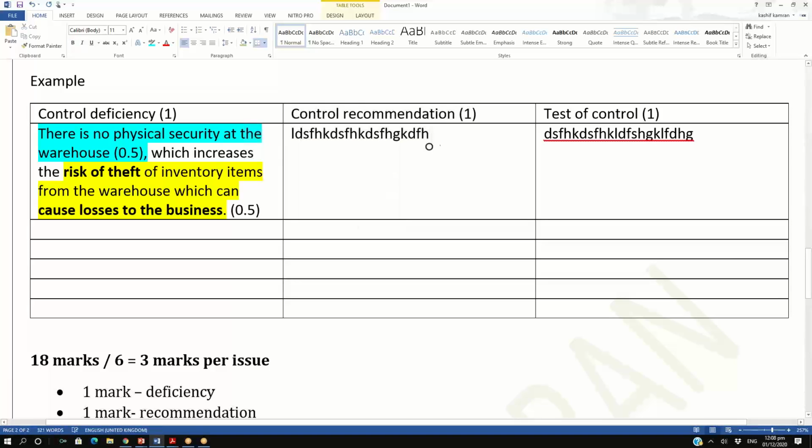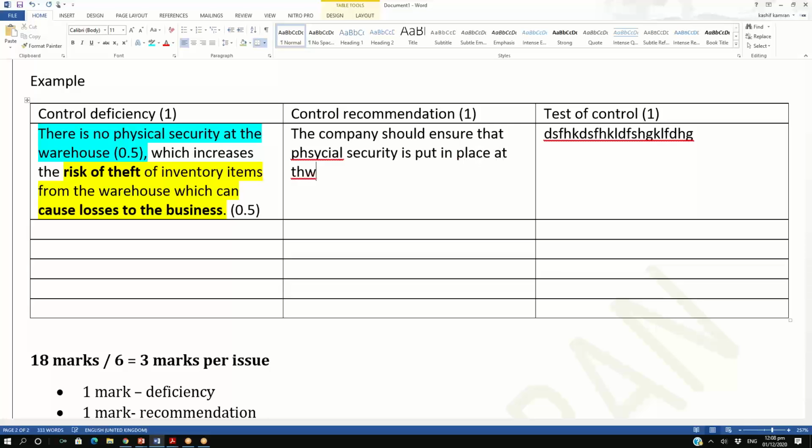Now, whenever you're writing a recommendation, what you need to do? You need to be very specific. Just like a sentence, a quick sentence. There is no physical security at the warehouse, so just the opposite of that, and a quick one sentence answer. The company should ensure that physical security is put in place at the warehouse.